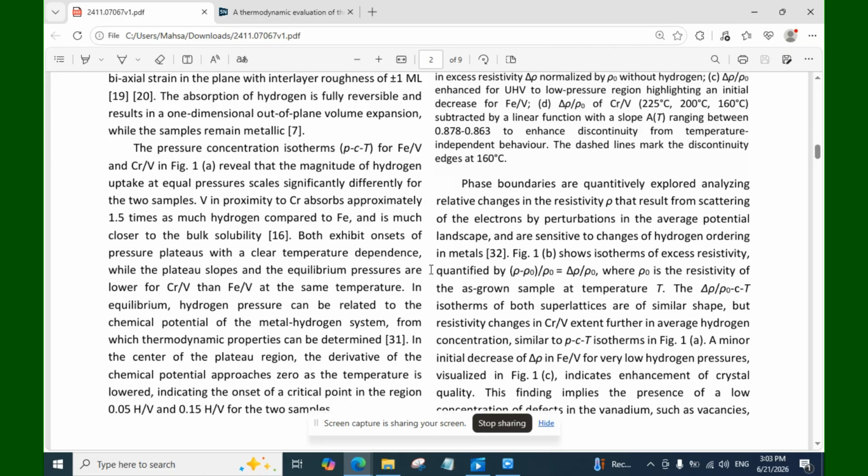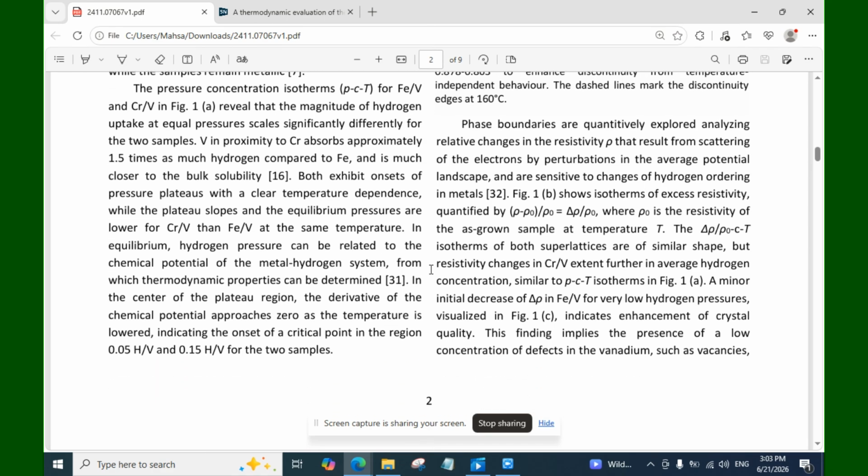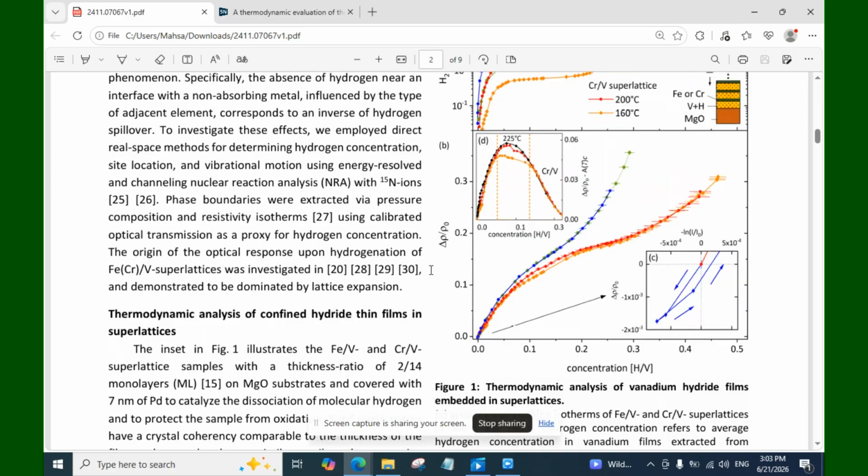In the center of the plateau region, the derivative of the chemical potential approaches zero as the temperature is lower, indicating the onset of a critical point in the region, at 0.05 H per V and 0.15 H per V for the two samples.